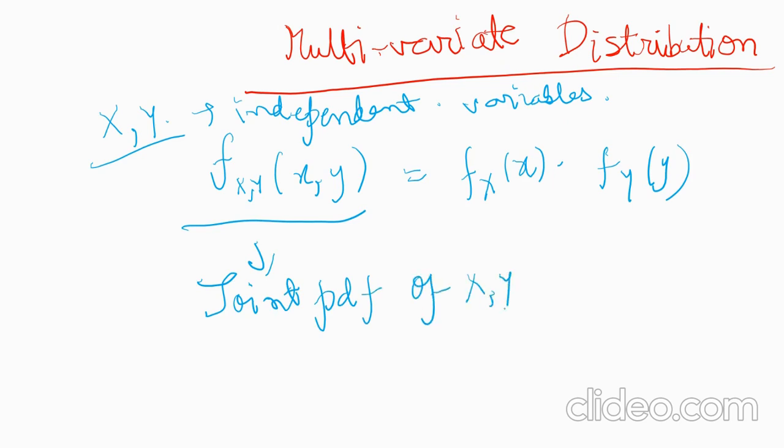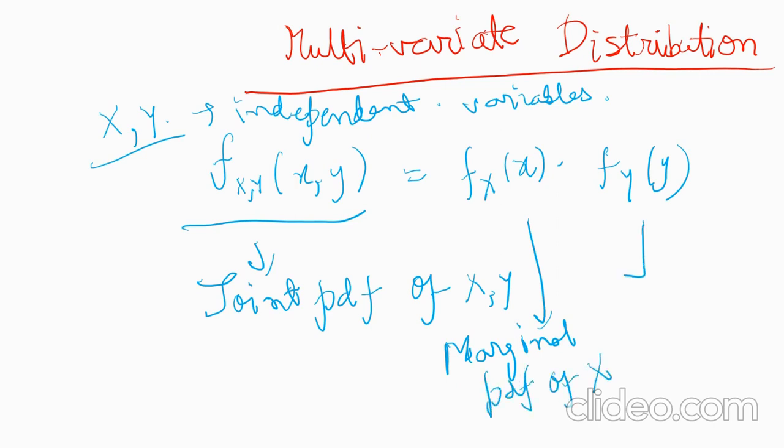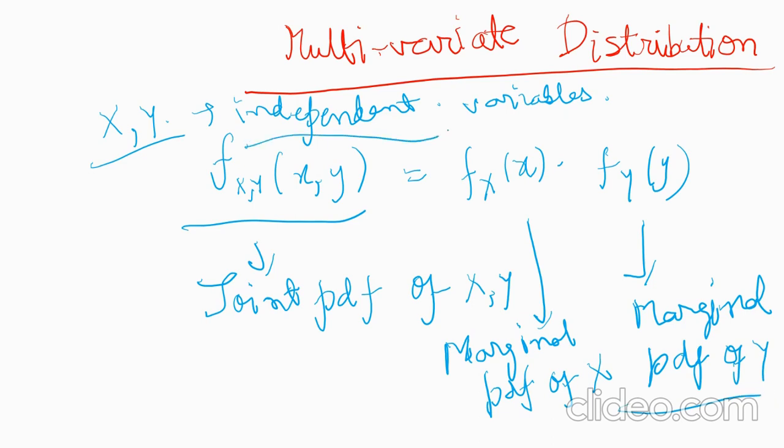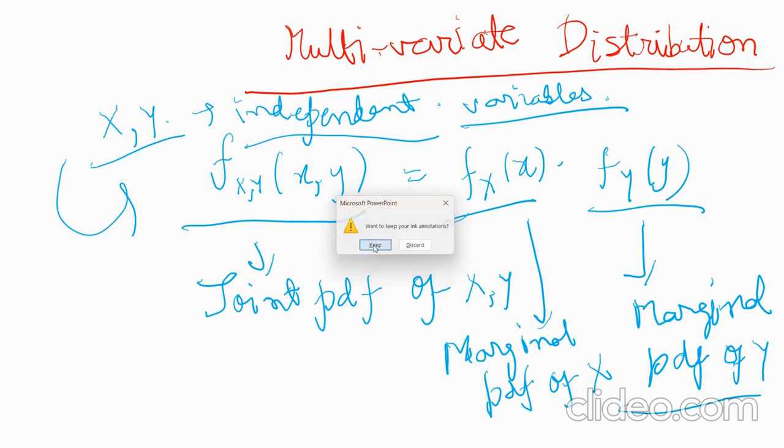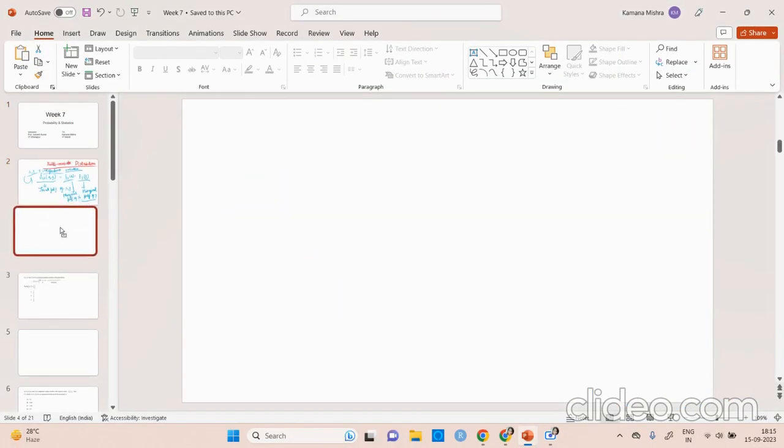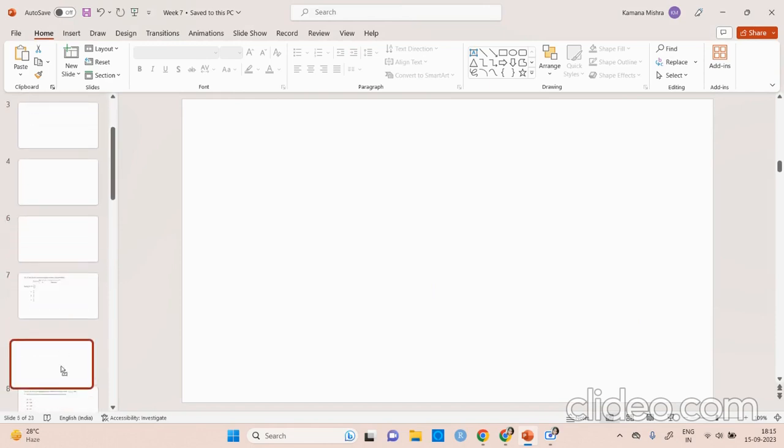When you have two variables, let's say x and y, and these two variables are independent variables, we write f of x, y is equal to f of x of x into f of y of y.